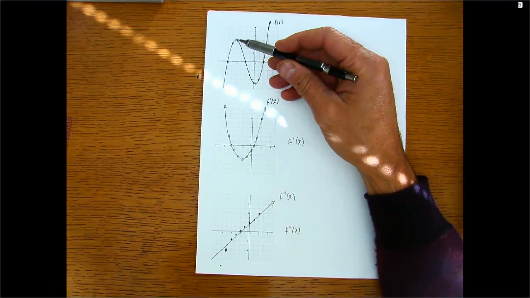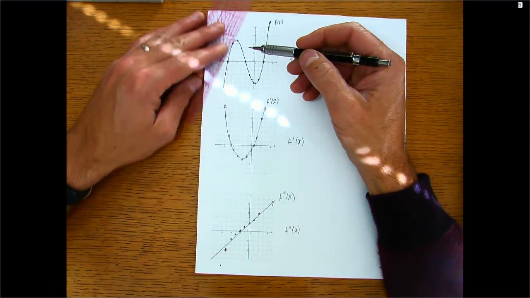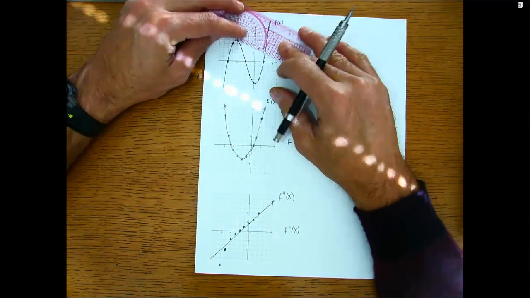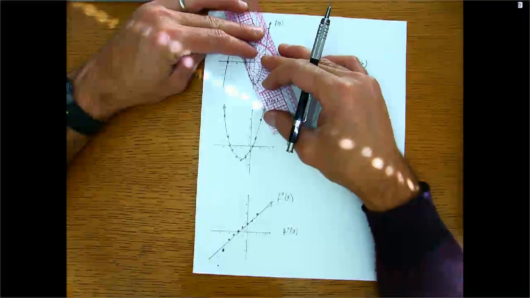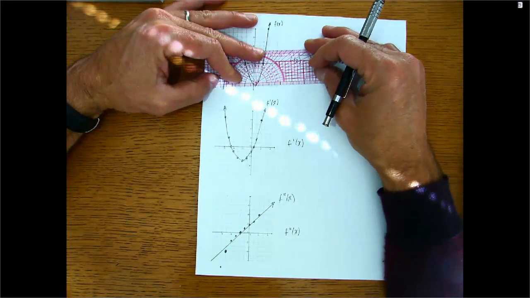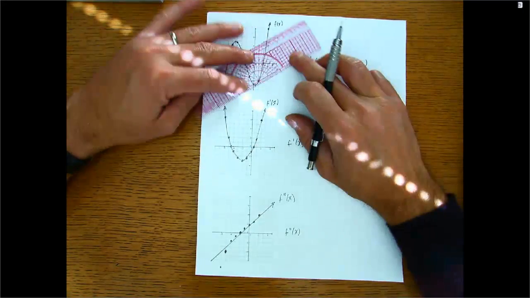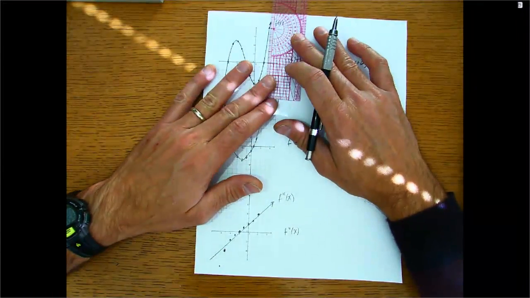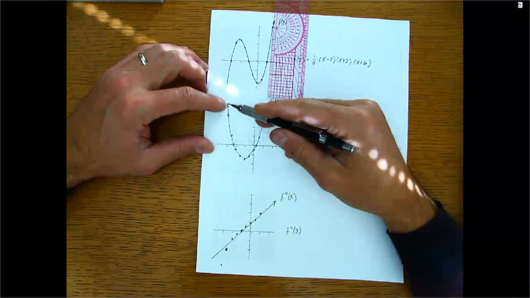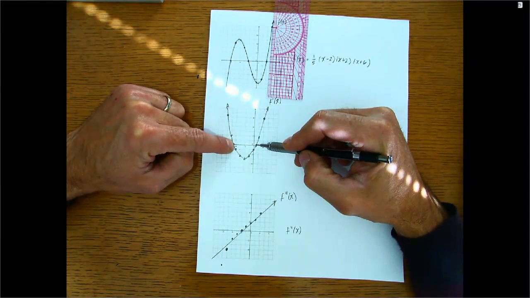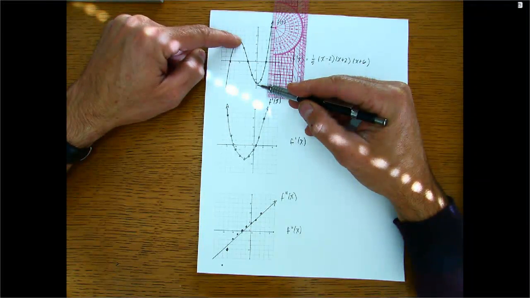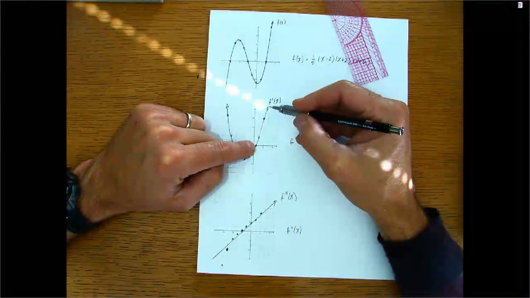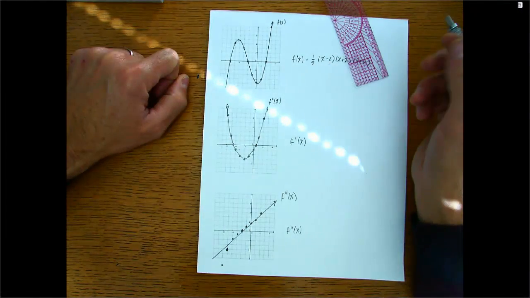So slopes are all positive along here until I get to this top. At this point, our slopes change to negative, and we're all negative until I get to this spot, right there, and then the slopes become once again positive as I move up the function. So a region of negative slope in between here and here, and then a positive region of slopes in between here and here corresponding to positive values for the derivative.